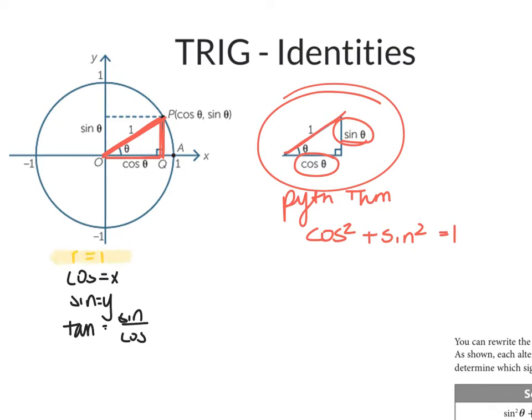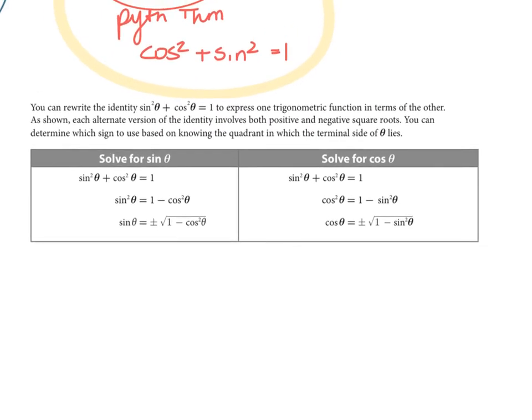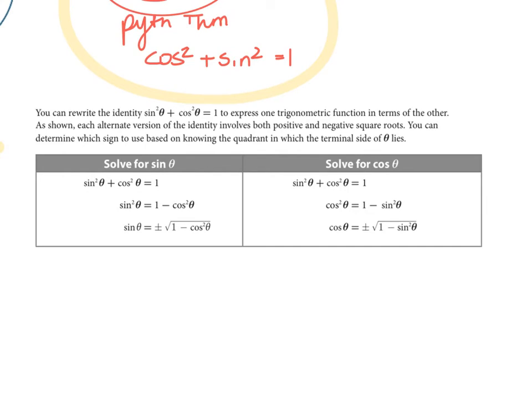So at this point, if I were taking notes, I would have all of these three things written down, and I would probably have this written down as well. Now, the only other thing that I want you to maybe add to that, and I'll zoom in on this so that we can see it, is how to solve each of those for sine and cosine. You don't have to do this, it's just a shortcut. For each of these, they're just solving for the individual value. So to get sine by itself, they've subtracted cosine over. And then this is sine squared, and you want to undo the squares.